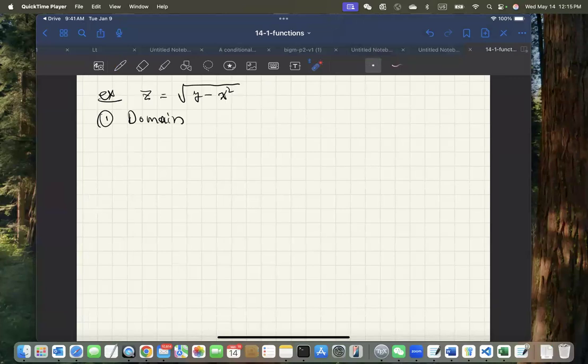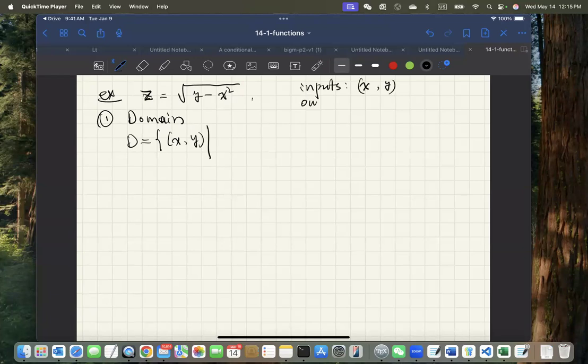Whenever we have a square root, we need to be careful that the expression inside cannot be negative. Here, by the way, I want to clarify this is a function of two variables because there are two input variables, x and y, or independent variables, and the output variable is just z.